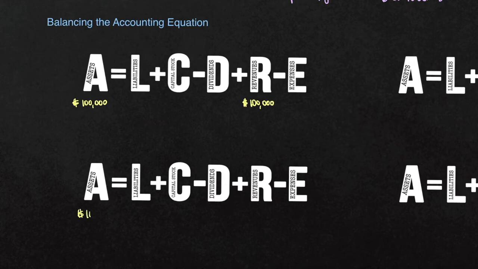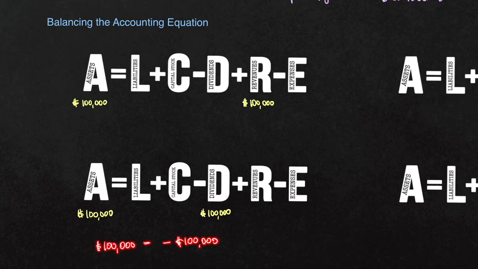Let's get into another example. Again, let's say assets, things that you own, is 100,000. Your dividends or drawing is 100,000. Here, if you notice, the accounting equation is not balanced. I wanted to give an example where it wasn't balanced because you have a positive 100,000 on the left side of the equal sign. And then on the other side, you have actually a negative 100,000.